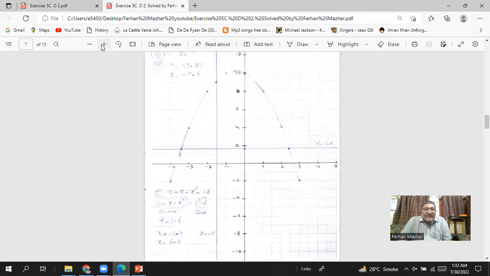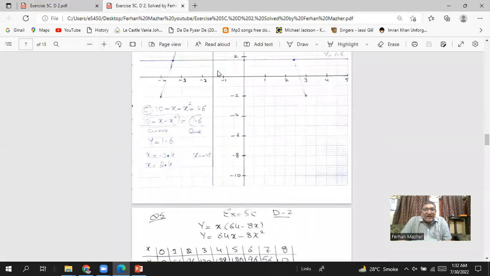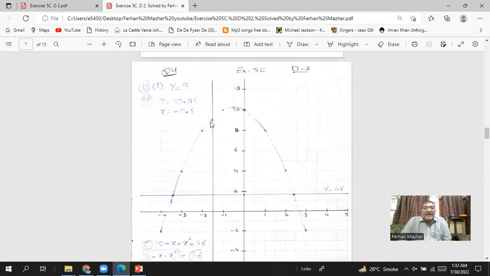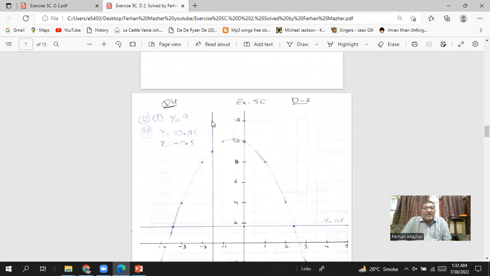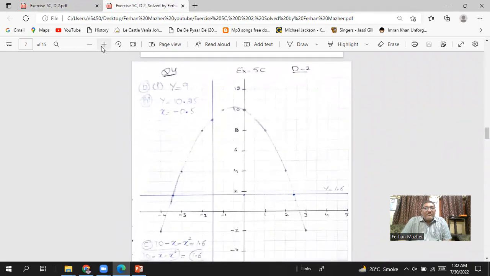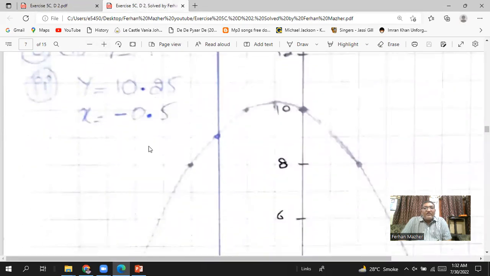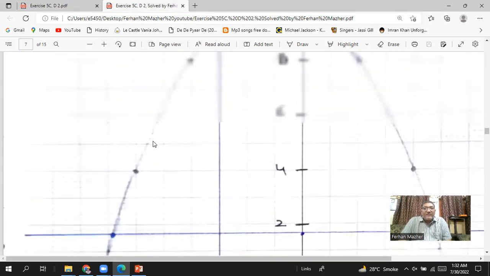So you can see here at x equals -1.5, I have drawn this vertical line.